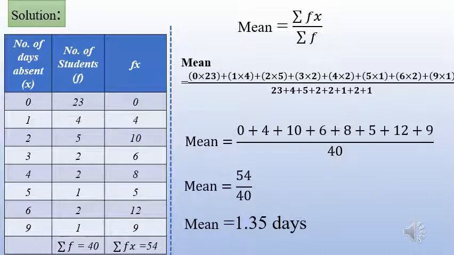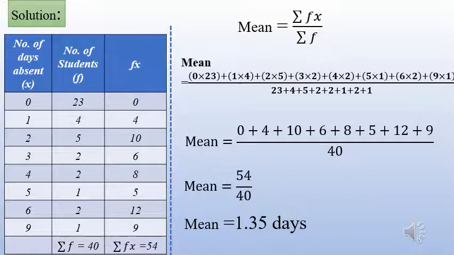The formula of mean is equal to sum of fx over sum of frequency. In the second step, again I have taken the sum of fx. fx is the product, so the first product is 0 multiplied by 23, the second product is 1 multiplied by 4, the third is 2 multiplied by 5, and so on, and their sum over the sum of frequencies.